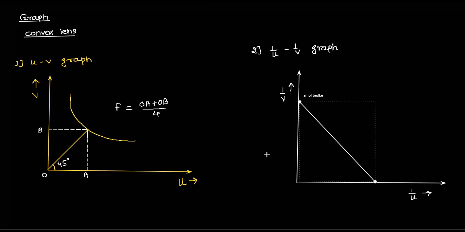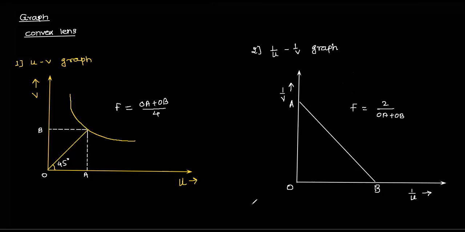And if suppose it is cutting the x and y intercept at points, let us suppose B and A, and this is O, that is origin, then focal length from this graph f is equal to 2 divided by OA plus OB.